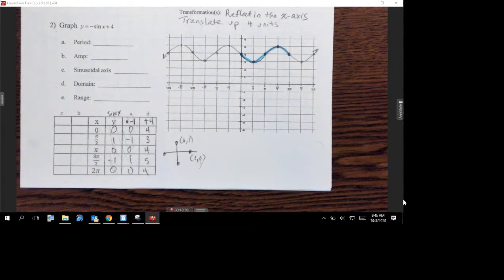It should have arrows at the end that say it keeps going forever. Okay? Then we'll fill out the information, which is the vocabulary that you should be learning as well.